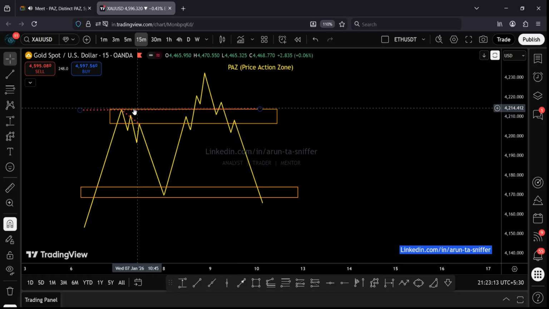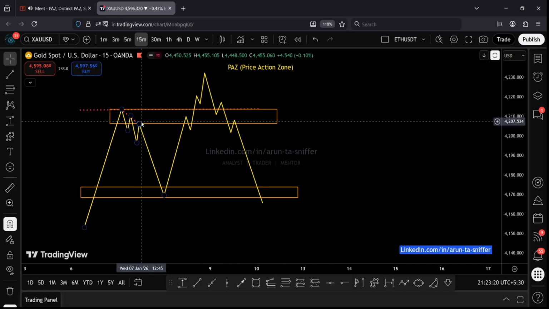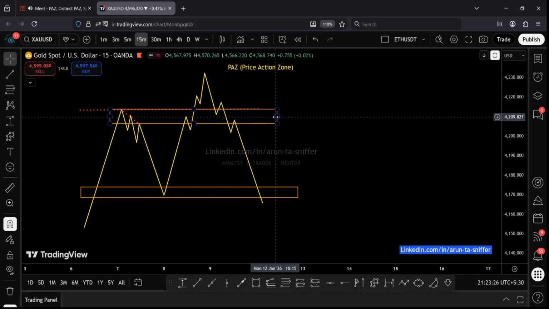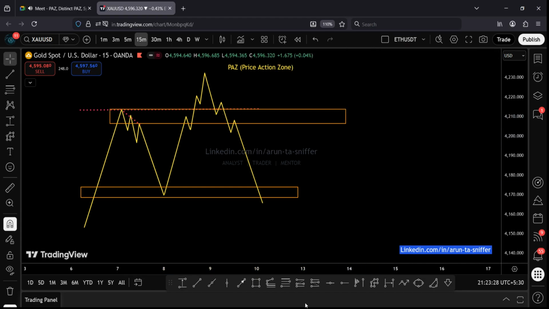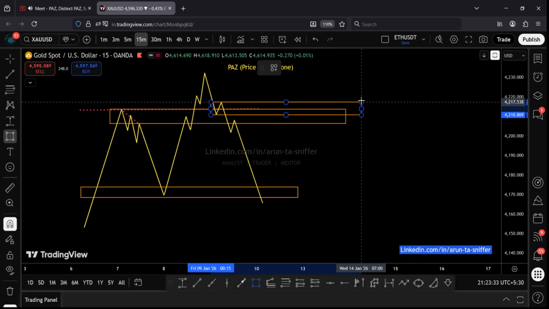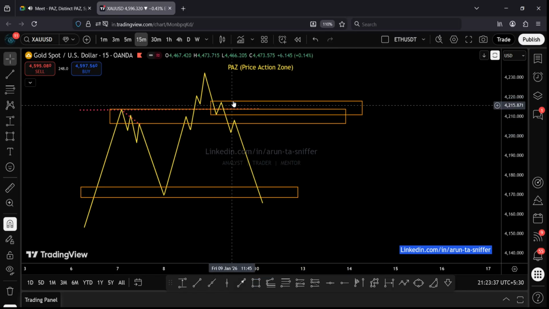We will look at the LS here from this level and this level. These are the edges of our distinct price action zone, and we will look at the kings here. Where are the kings? These two kings, one at LS and one at RS.